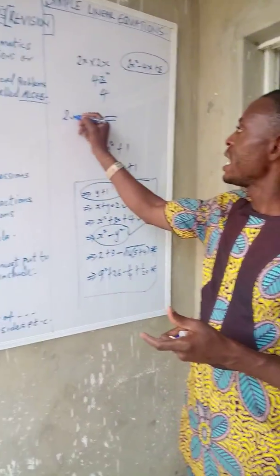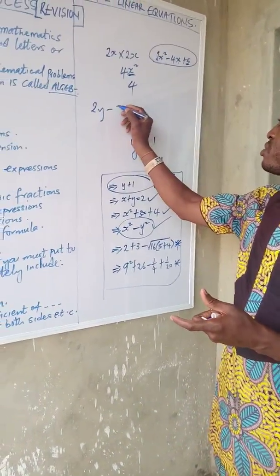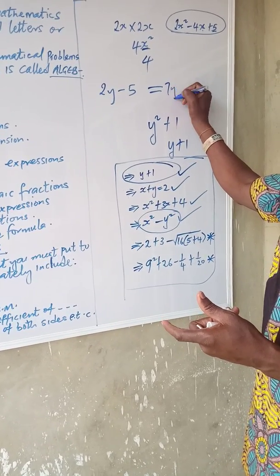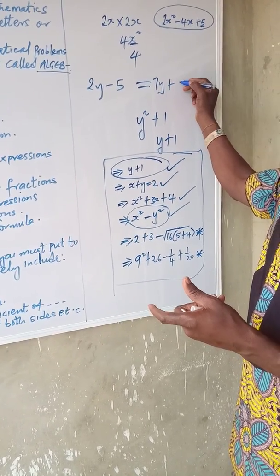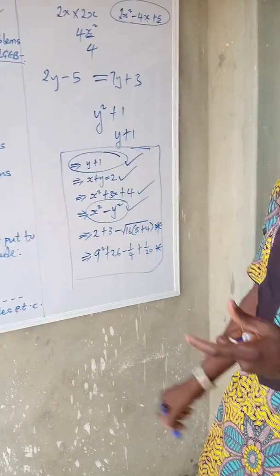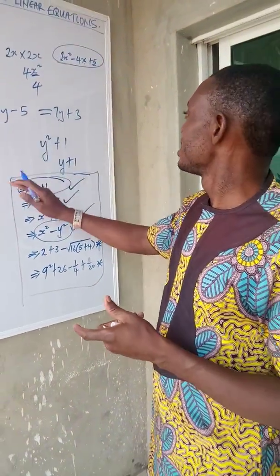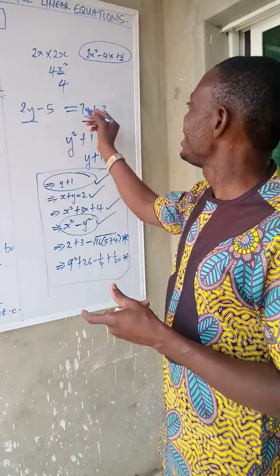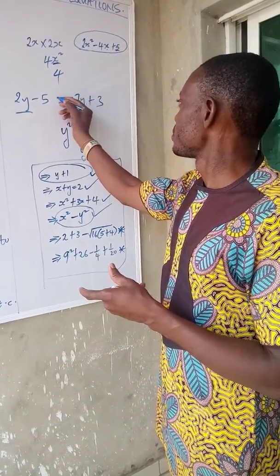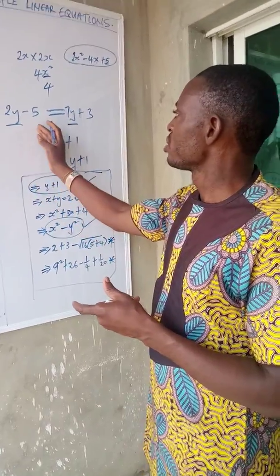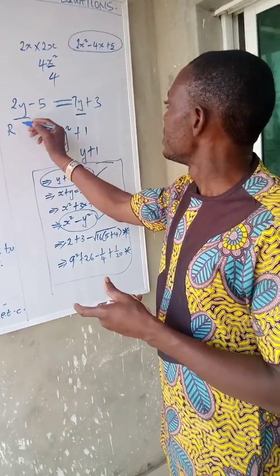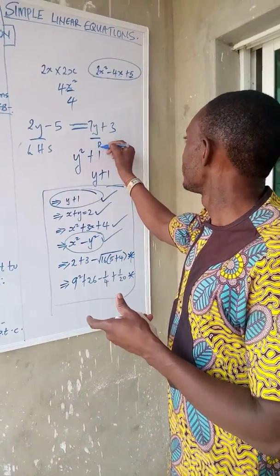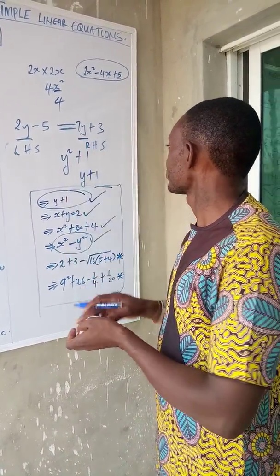Like we have 2y minus 5 is equal to 7y plus 3. If you are given an equation like this, there are two terms in y, and they're on opposite sides of this bridge. One on the left hand side and the other on the right hand side.